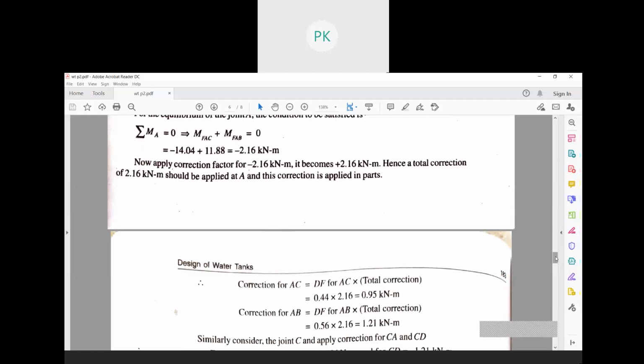So applying the correction factor for minus 2.16 kilonewton meter, it will become plus 2.16 kilonewton meter. Hence, a total correction of 2.16 kilonewton meter should be applied at A, and this correction is applied in parts. So how in parts?